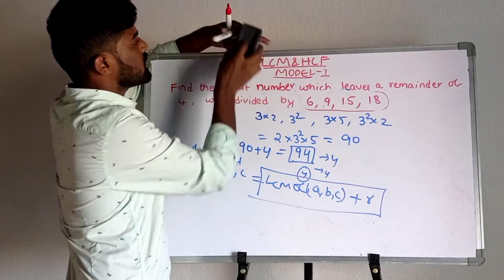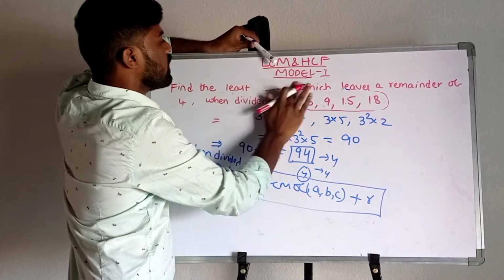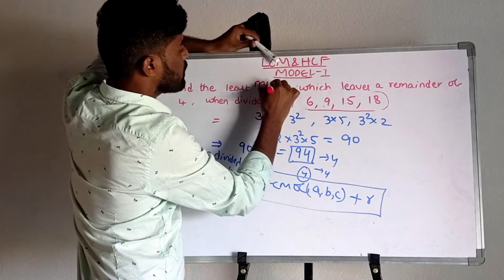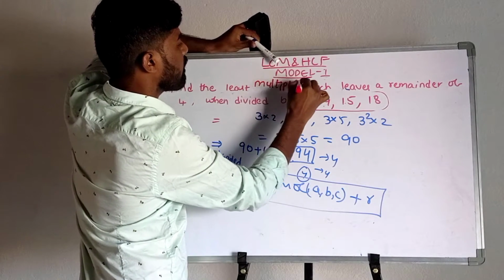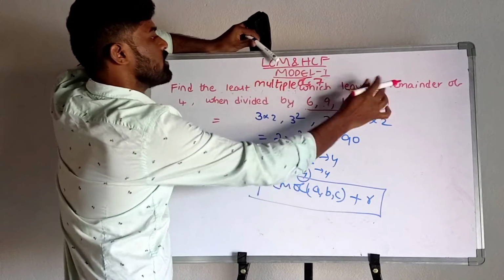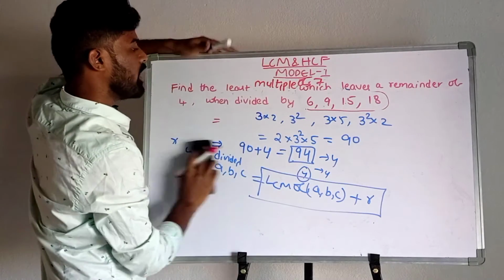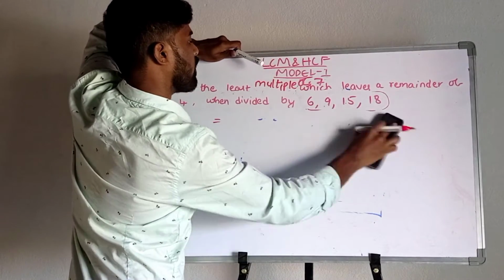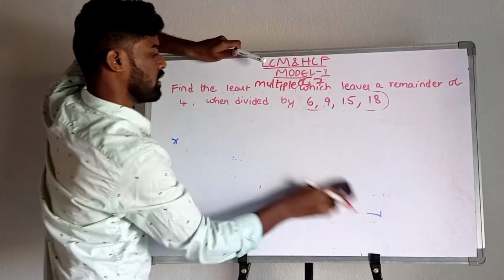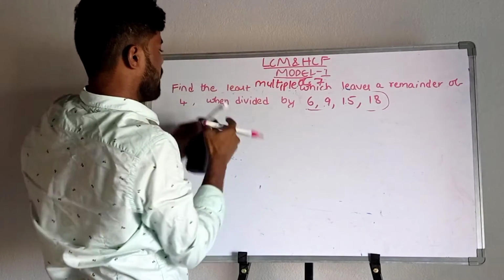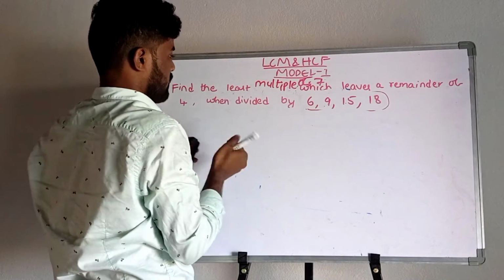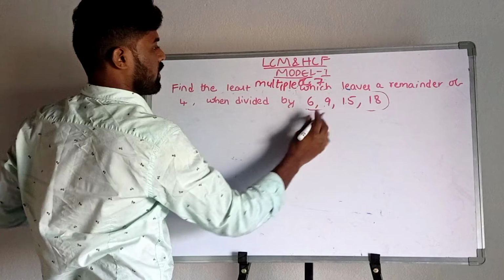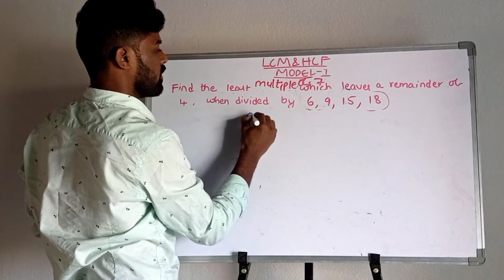If in the question it is stated that find the least multiple of 7 which leaves a remainder of 4 when divided by 6, 9, 15, 18, first we write our general number. Here LCM is 90.